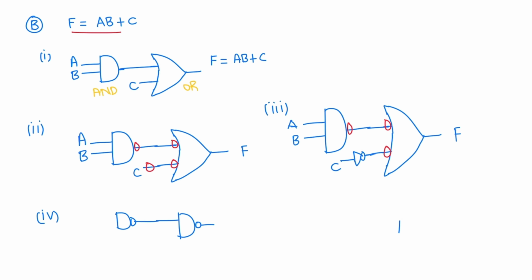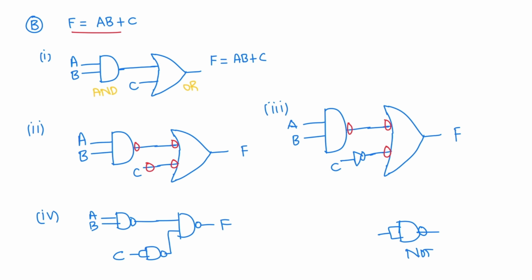NOT gate can be replaced as: when two inputs are tied for a NAND gate, then it acts like a NOT gate. Here it is variable C, variables A, B, and the function F.